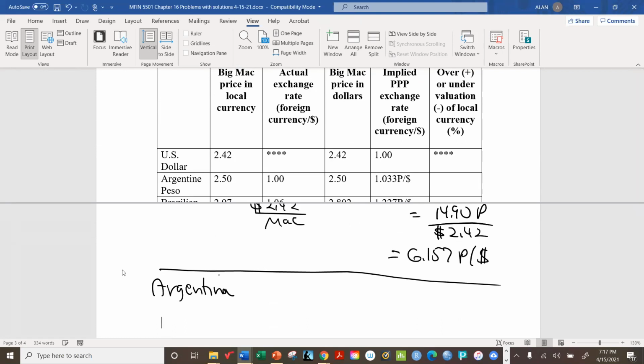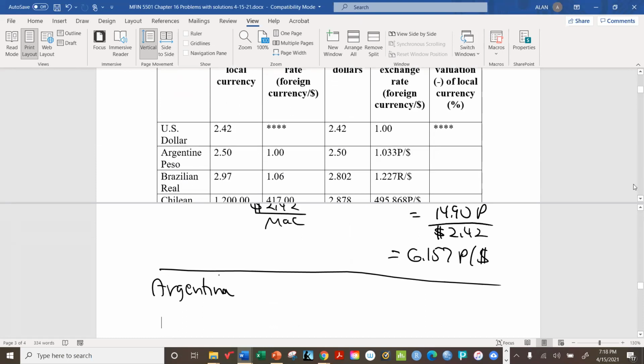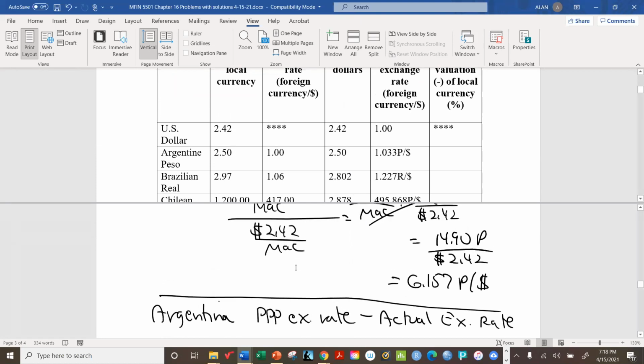We're trying to calculate the percentage difference between the actual exchange rate and that implied by PPP. So you're going to take in each case the PPP exchange rate minus the actual exchange rate, and then we're going to divide all of that by the actual exchange rate.